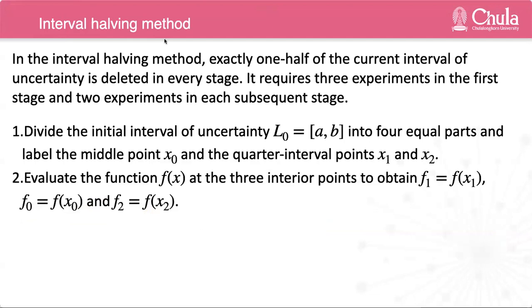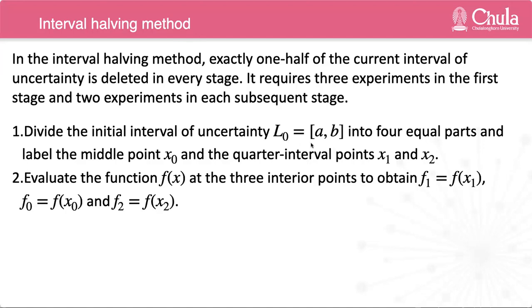Okay, the next algorithm is the interval halving method. In the interval halving method, exactly 1/2 of the current interval of uncertainty is eliminated at each iteration. It requires 3 experiments in the first stage, and after that you need only 2 experiments in each subsequent stage.